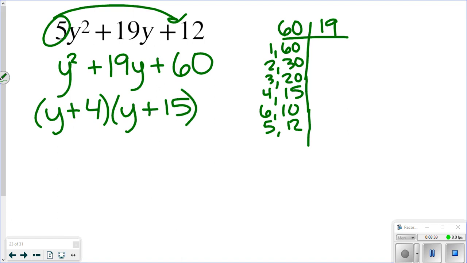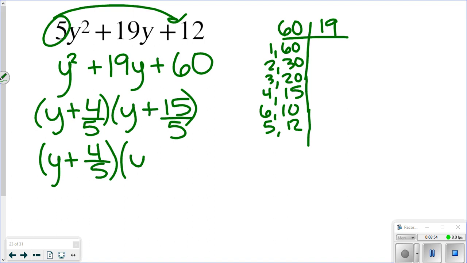Then remember, we are dividing by that leading coefficient that we slid in the beginning. So we're dividing both of these by 5. Reduce if possible. And then we're taking what doesn't reduce, that denominator, and we're sliding it in front of the y.